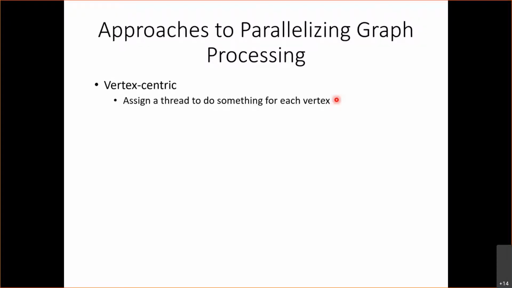So typically, if I am using a vertex-centric parallelization, I typically use the CSR or the CSC format, because this gives me the accessibility of, given a vertex, it's easy to find all the vertex's neighbors.